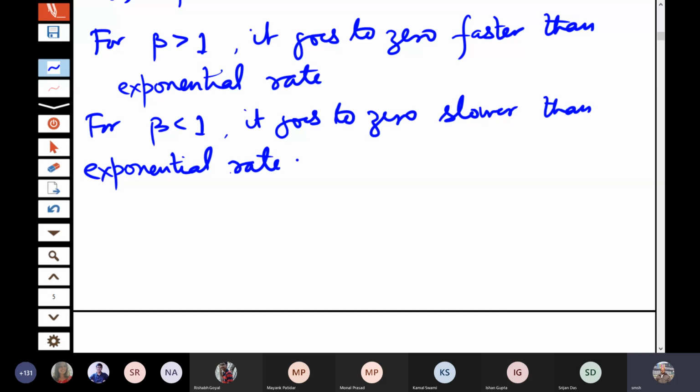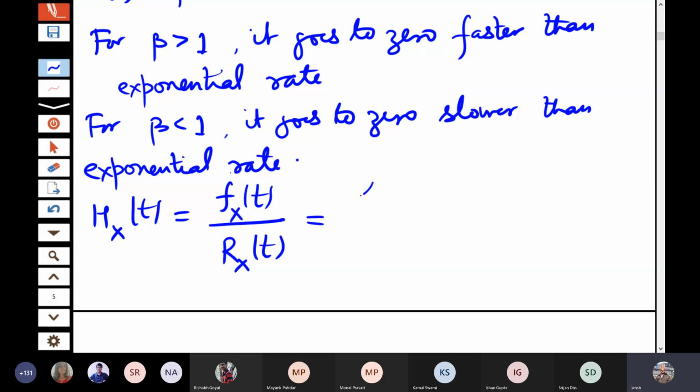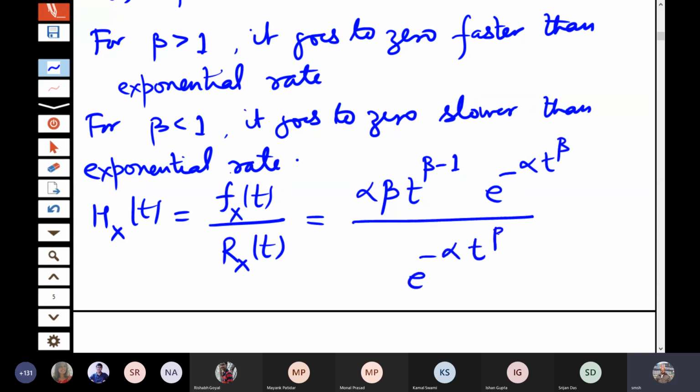So what is the effect on the failure rate? So let us look at the failure rate. Failure rate is f(t) divided by R(t). So you will get alpha beta t to the power beta minus 1, then you have e to the power minus alpha t to the power beta divided by e to the power minus alpha t to the power beta.